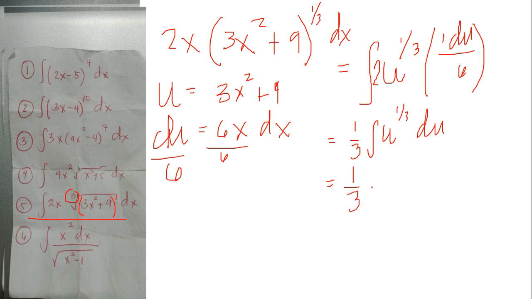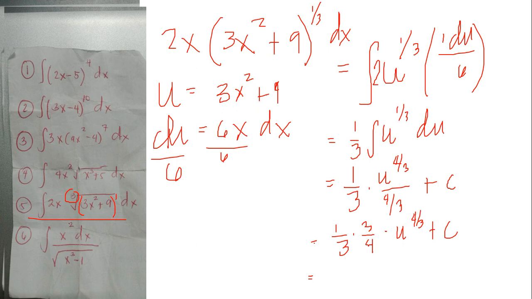Tapos integral na tayo. That is u to 1/3 plus 1, guys. 1/3 plus 1 is 4 all over 3. Okay, tama. Tapos plus c. Then 1/3, reciprocal ng denominator, 3/4 times u raised to 4/3 plus c.